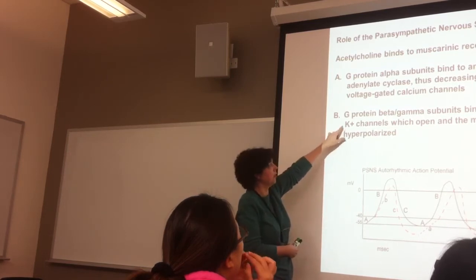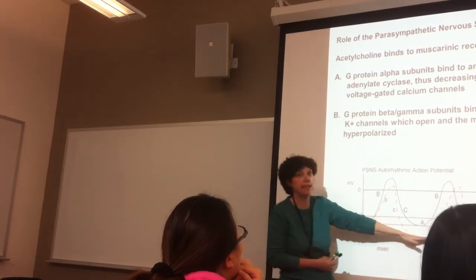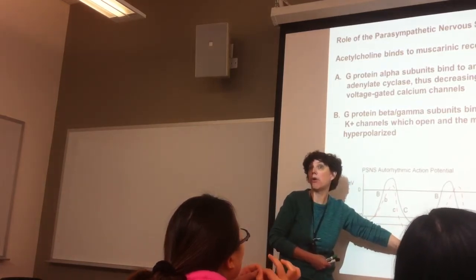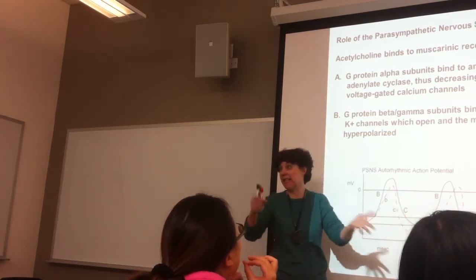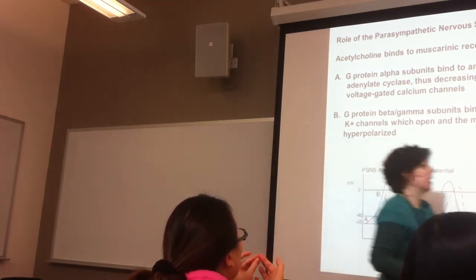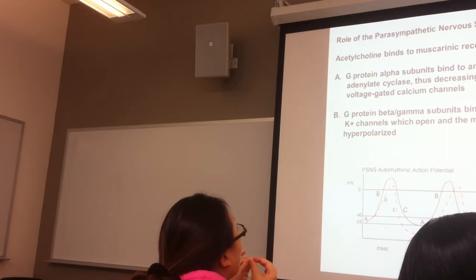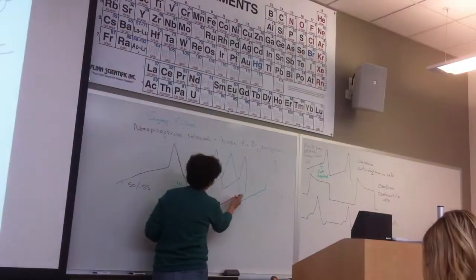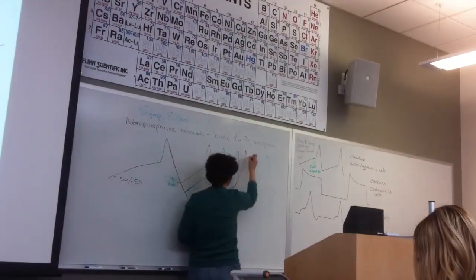It also binds to potassium channels, and so it makes the inside of the cell become more negative because more potassium is leaving. So it kind of does the opposite. Rather than allowing depolarization to occur earlier, it's going to cause this to happen. Now it takes longer to reach the threshold.